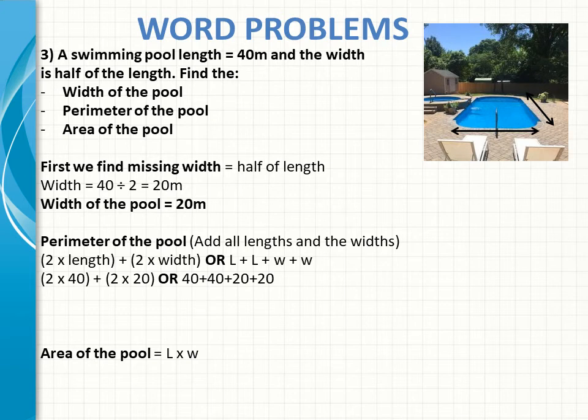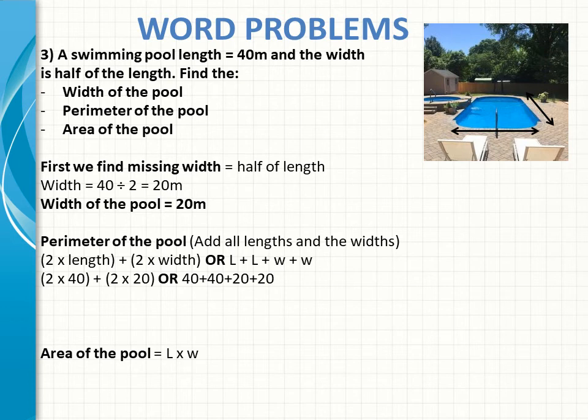Good. Now that we know the width of our pool and the length of our pool, the question says find the perimeter of the pool. So look at the length again. 40 meter on the right, 40 meter on the left.